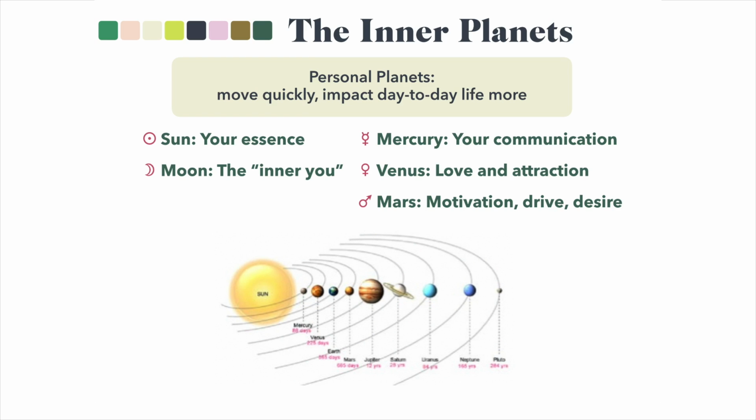The moon is the inner you. It's your emotions. It's how you react to things. So your moon sign may be very different from your sun. I have a Sagittarius sun sign, which is fiery and outgoing, but my moon sign is in Scorpio, which is very internal and reflective and likes to research and tinker. So what you'll start to discover as you look at your chart is that you really do contain multitudes.